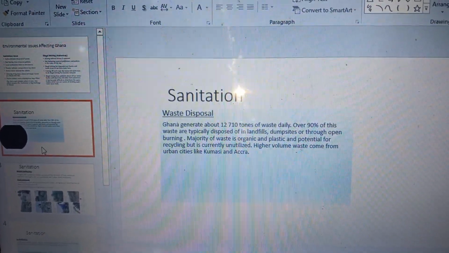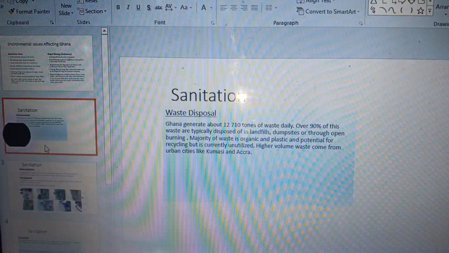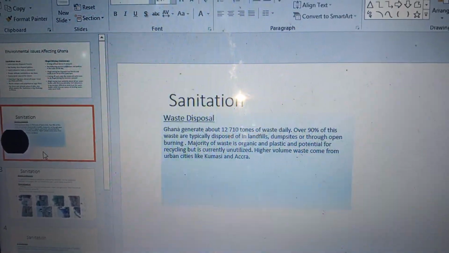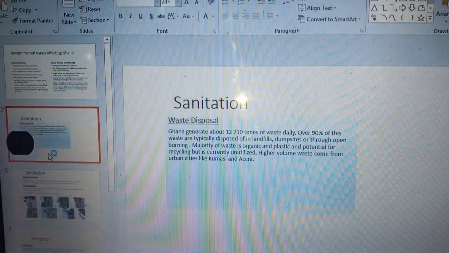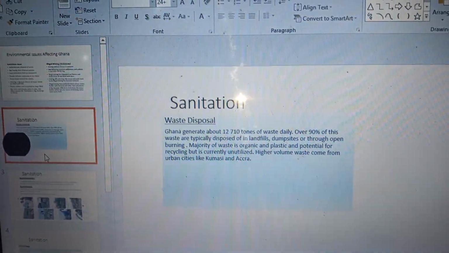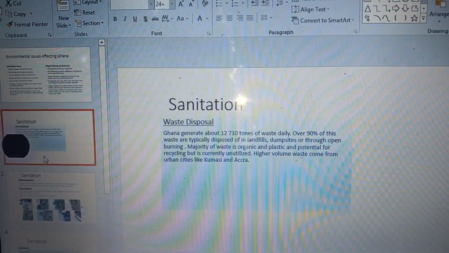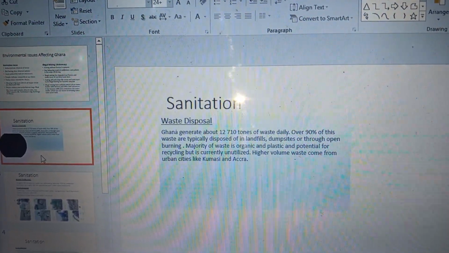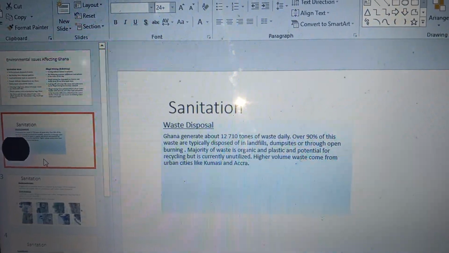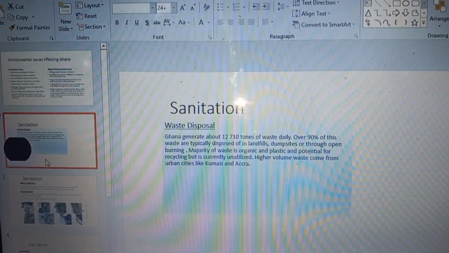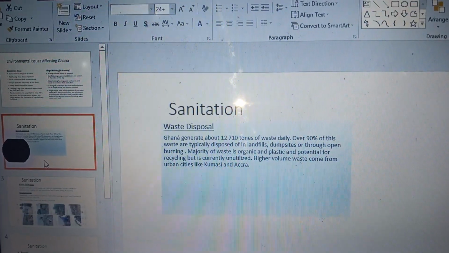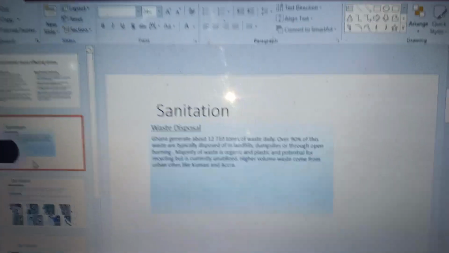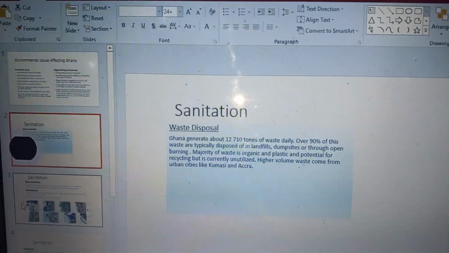Most of the landfills are currently full, and the volumes are very, very high. Most of the urban cities produce the highest waste, but the two urban cities which produce the highest waste in Ghana are Accra and Kumasi.